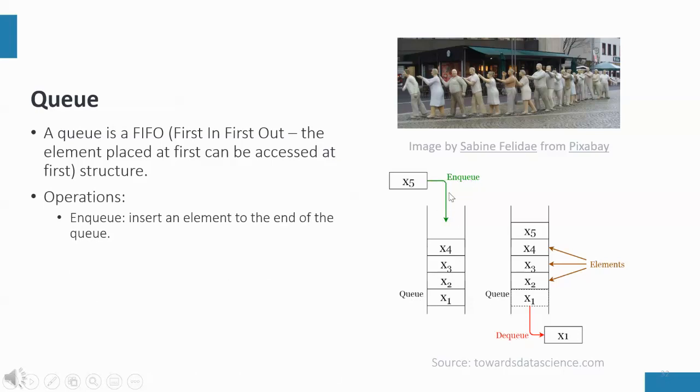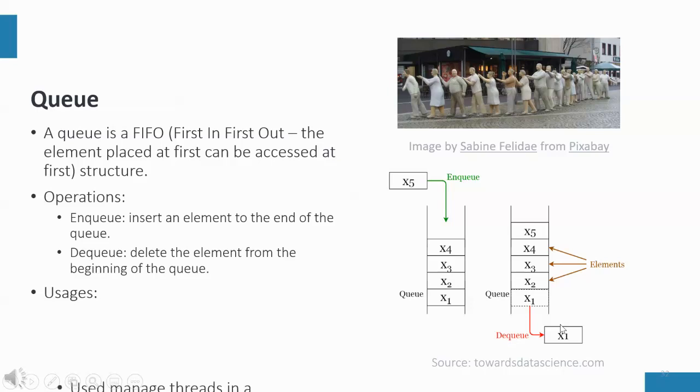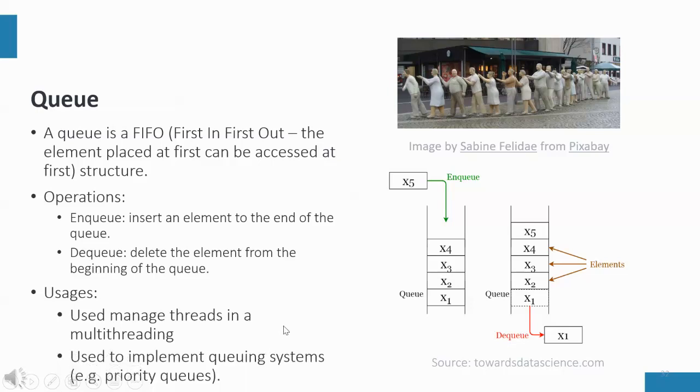Enqueue is to insert an element at the end of the queue. Dequeue is to delete the element from the beginning of the queue. Queues can be used to manage threads in multi-threading programming, and can be used to implement queuing systems like priority queues.